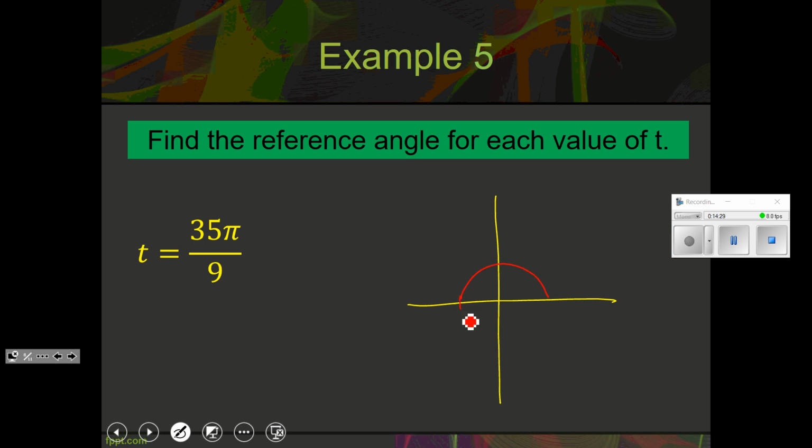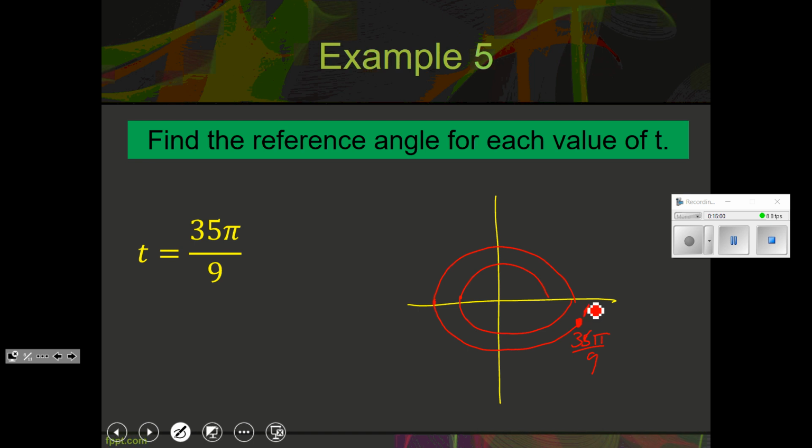If I keep going, then I have 18 pi over 9. If I keep going, I have 27 pi over 9. If I keep going all the way around, you stop right before you get there. So this is going to give me 35 pi over 9 right here.